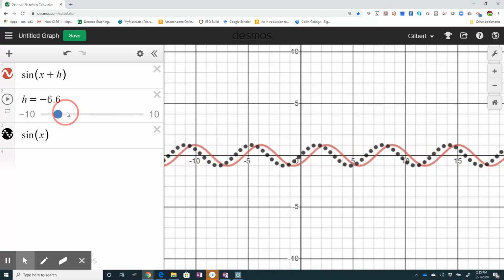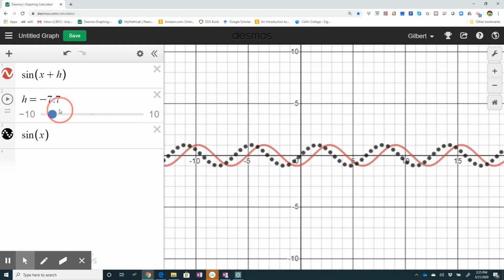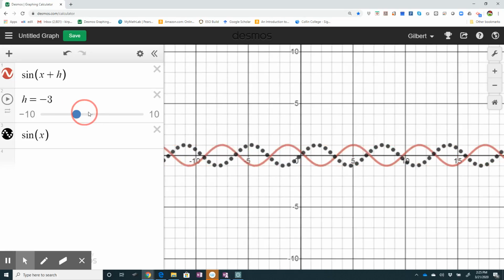Here it's kind of hard to see, depends on your perspective. But notice that as I move it to the right, it seems like the graph is flowing to the left. As I move it to the left, it seems like the graph is flowing to the right. So it seems like it's doing the opposite of what you're plugging in.